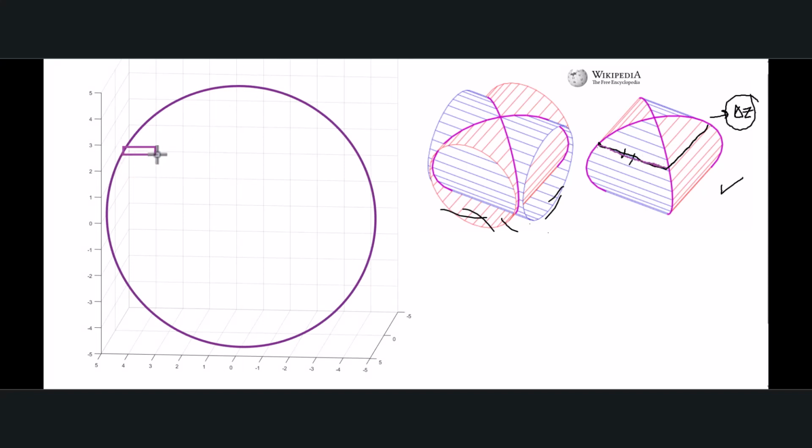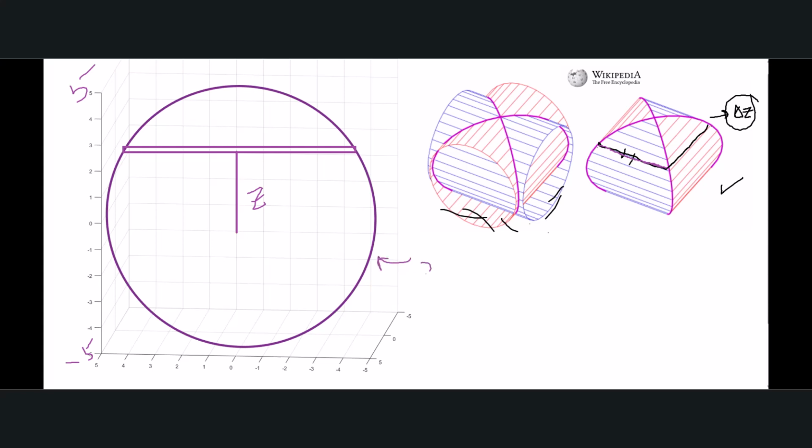Say the height of this is z, and you can see that z varies from -5 to +5.